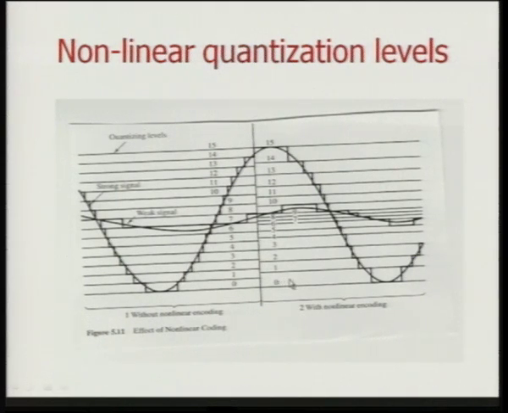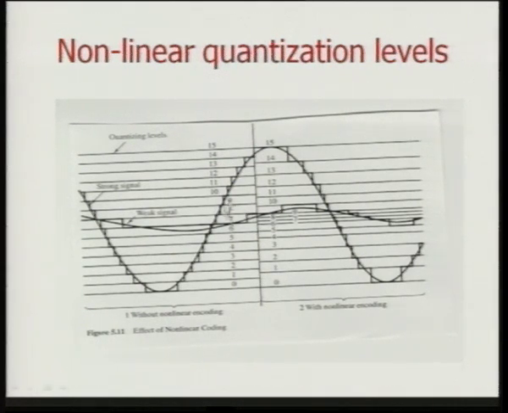Instead, if I use non-linear quantization, what do I mean by that? If you see over here in the right side of the picture, I am using values 0, 1, 2, 3, 4, 5, 6, 7, 8, 9, 10. You can see that between 4 and 10 here, I have finer levels at which I am doing the quantization.